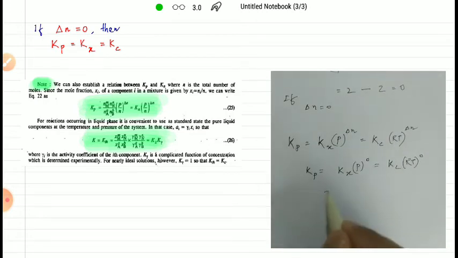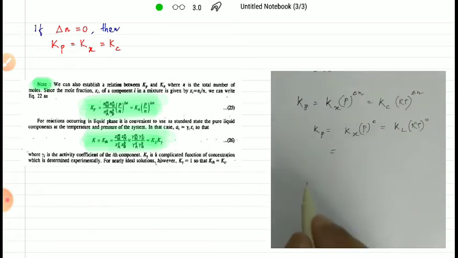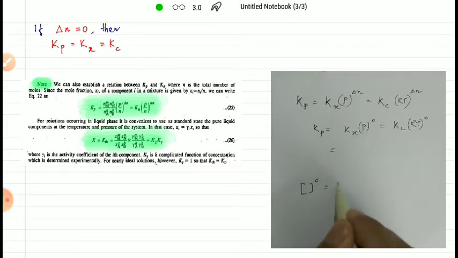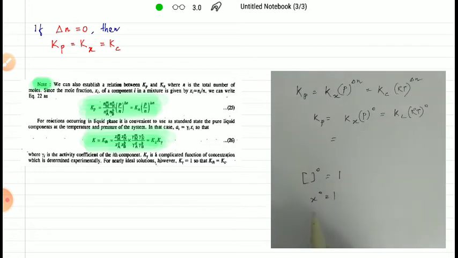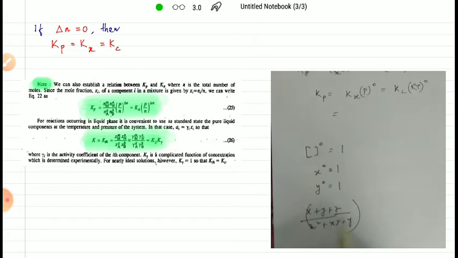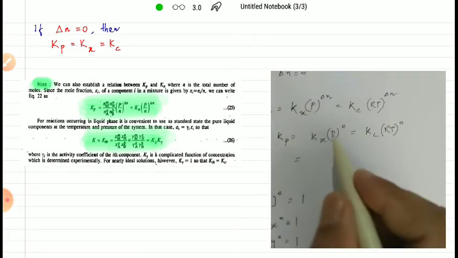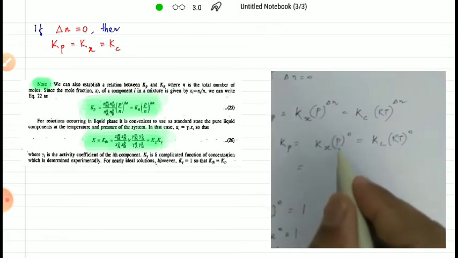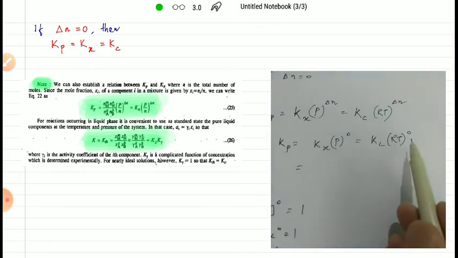Always remember one point, anything to the power 0 is always 1. That means x to the power 0 is equal to 1, y to the power 0 is equal to 1. Anything you can write, like x plus y plus z divided by x square plus x cube plus y, if it is to the power 0, that means always 1. So p to the power 0 is equal to 1, and RT to the power 0 is also 1.